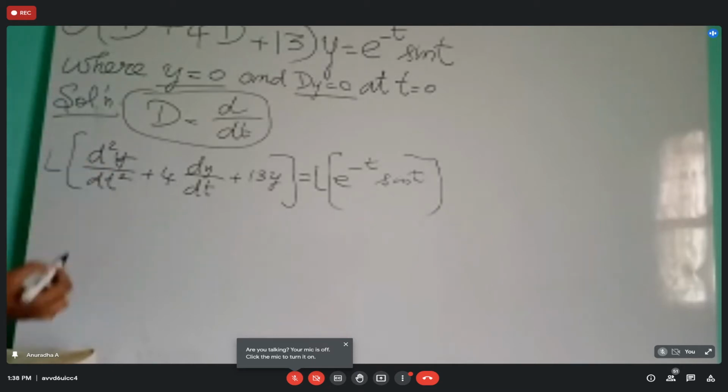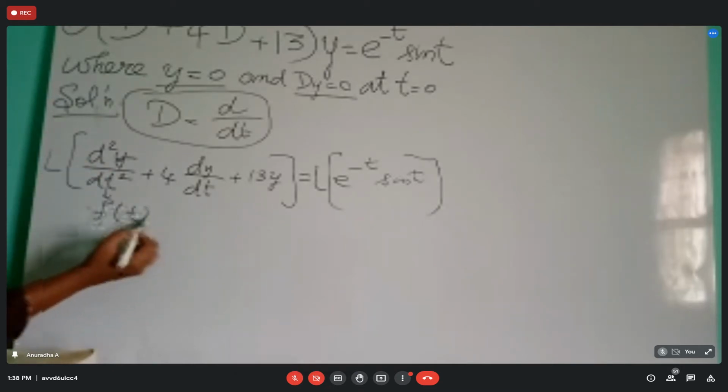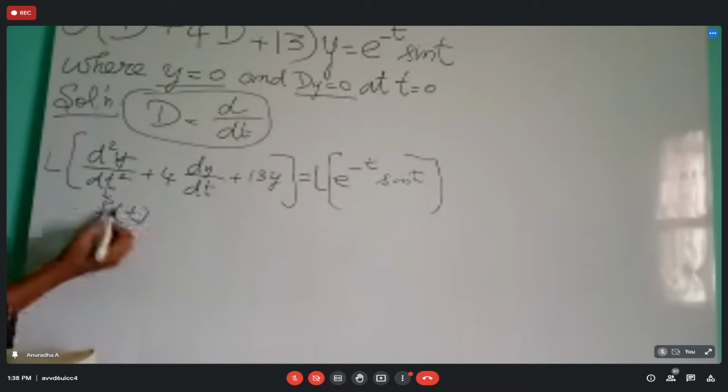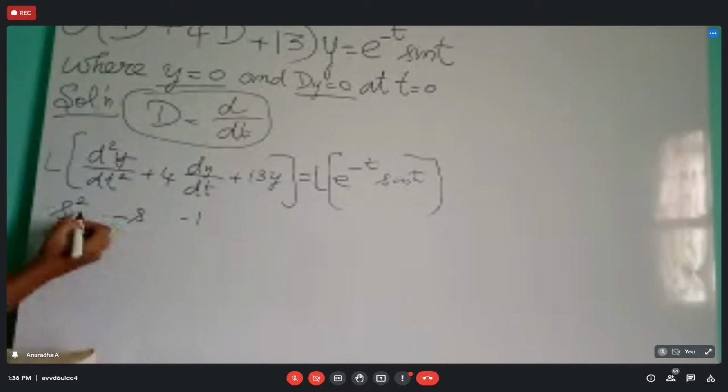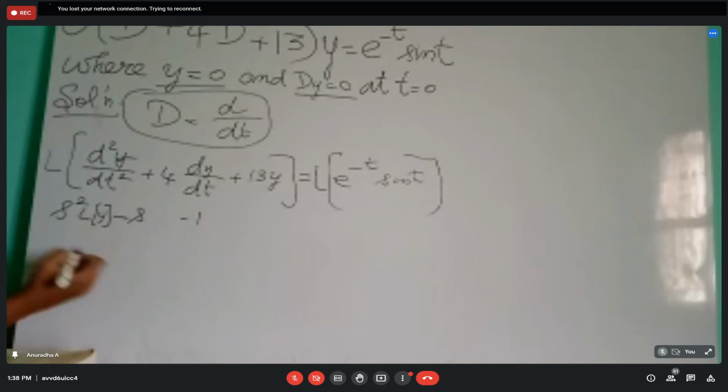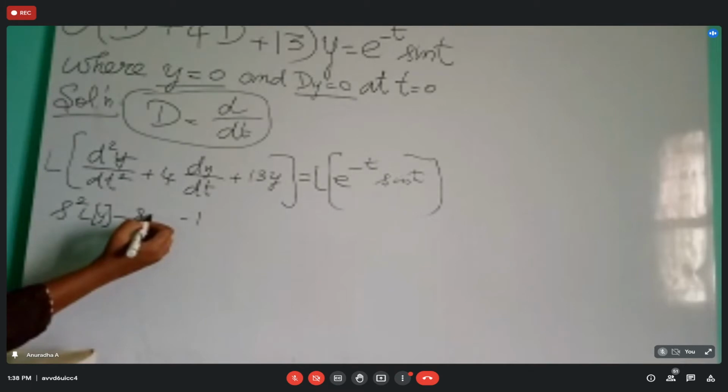So y is going to be like our f, double derivative, and in terms of y we write it as L of y, minus s times y of 0, since small f of 0 becomes y at 0 itself.